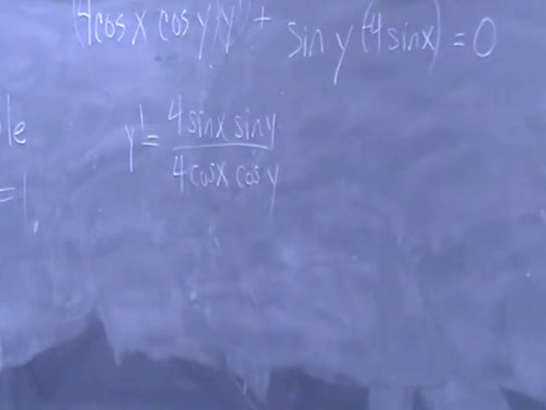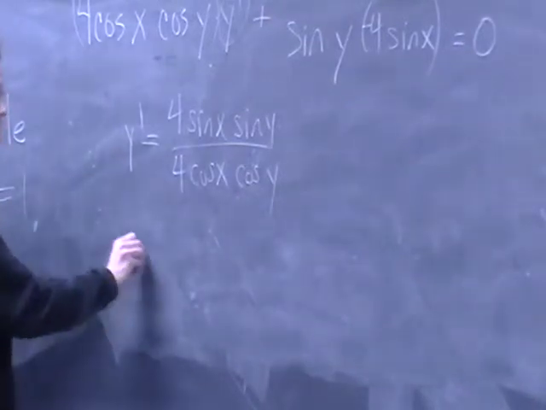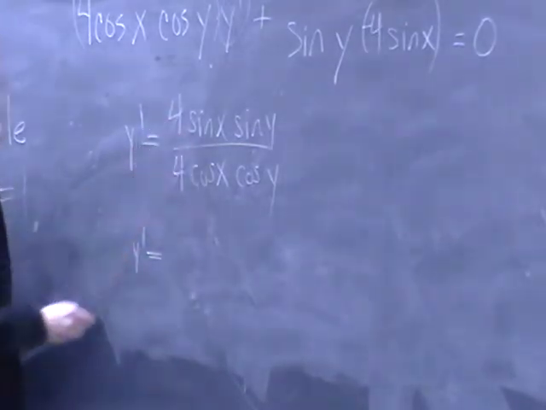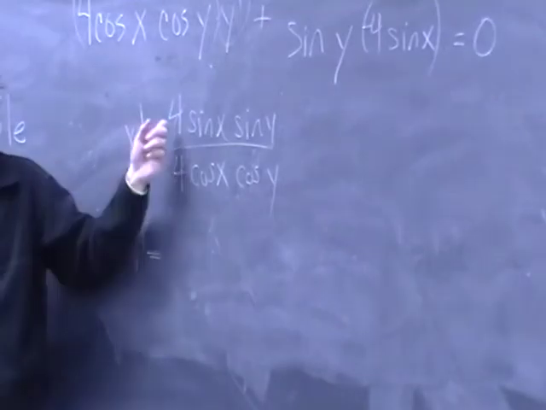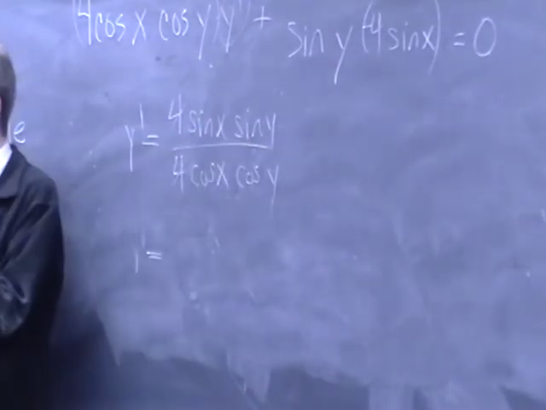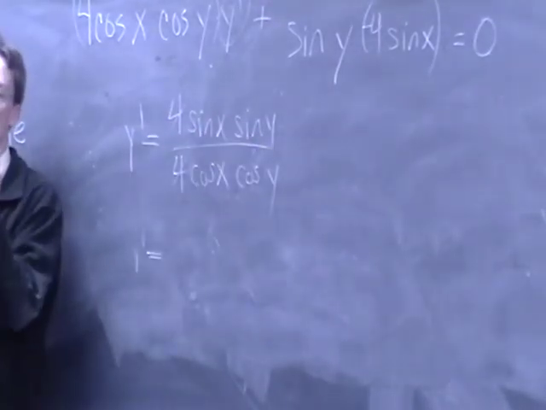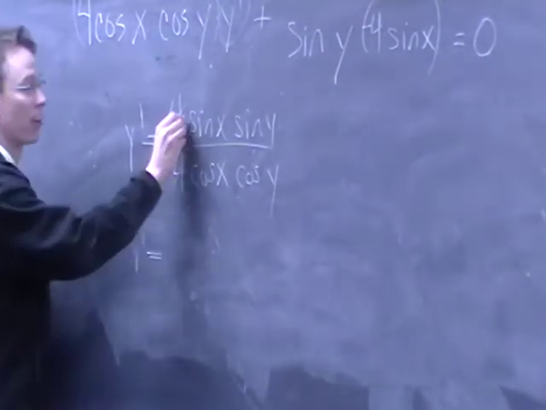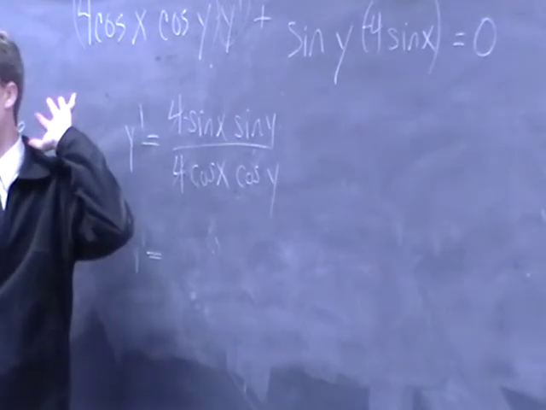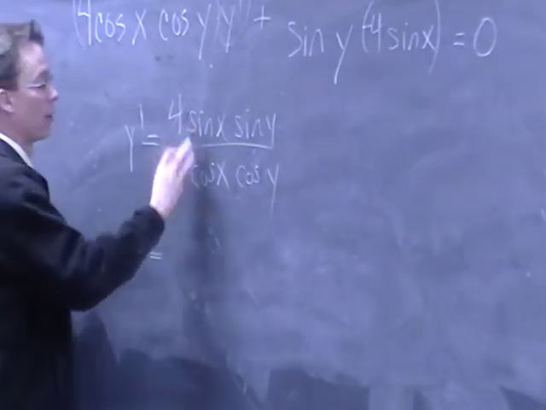Could you cancel the 4s and turn them into tangents? Yeah, 4 over 4. The reason we can cancel top to bottom is because everything here is connected through multiplication. It's one huge term. And everything down here is connected through multiplication. It's one huge term. If there were a plus here, all bets would be off.